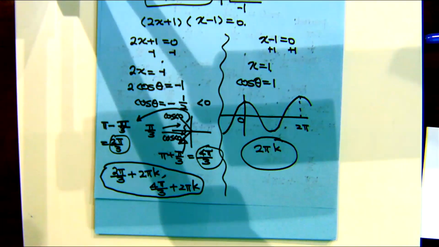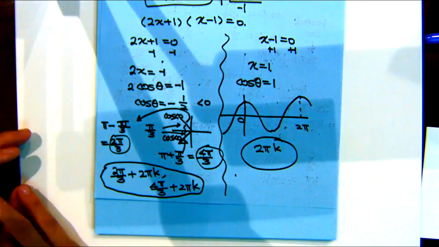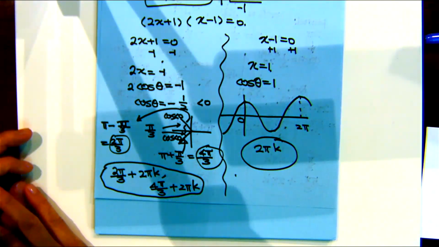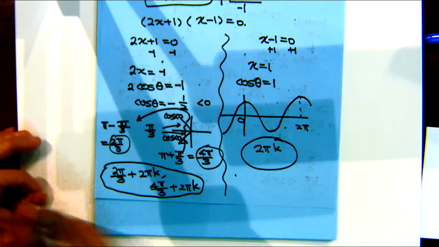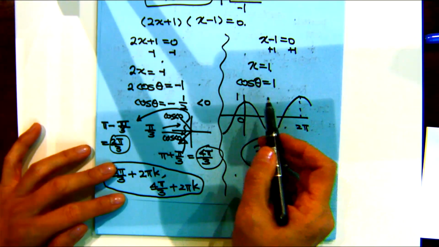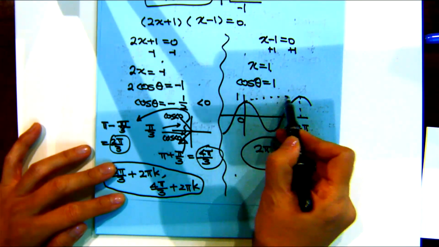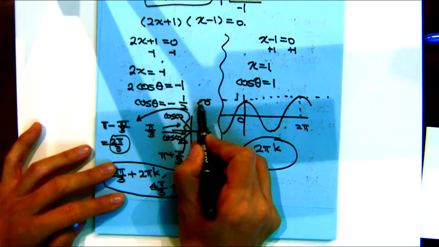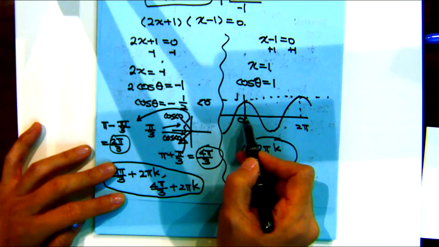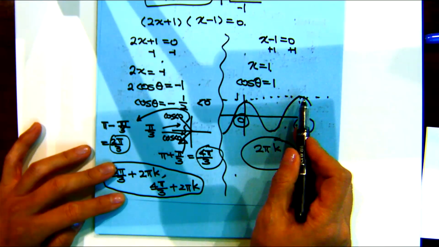Any question? So this is 1, and we are figuring out the angle, right? Inverse image of the angle, right? And so what I was saying was cosine of 0 is 1, cosine of 2pi is 1, and so on, right?